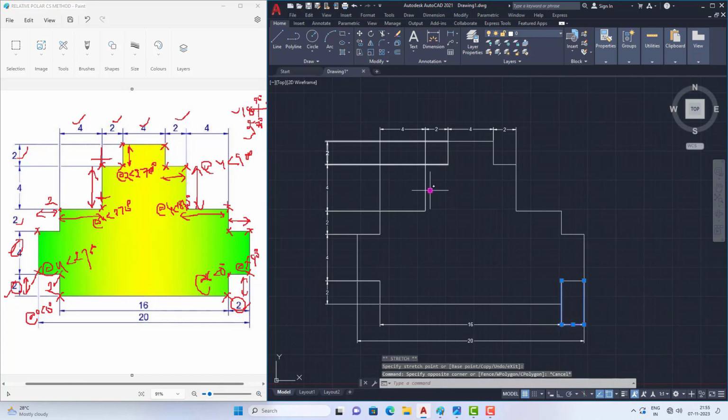See, all the dimensions are similar to that dimension.